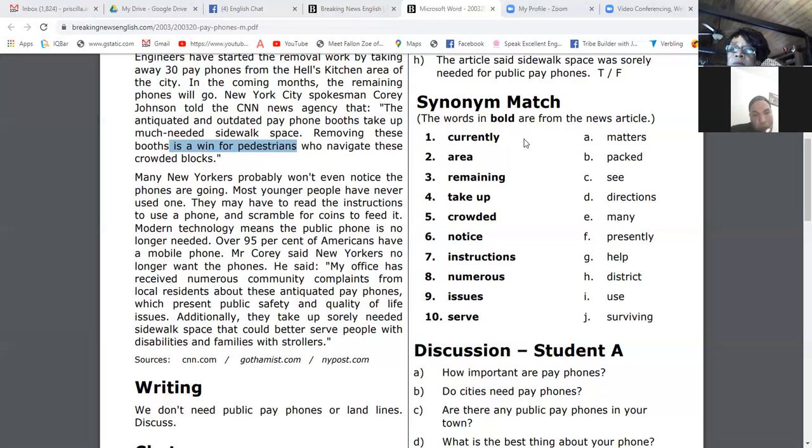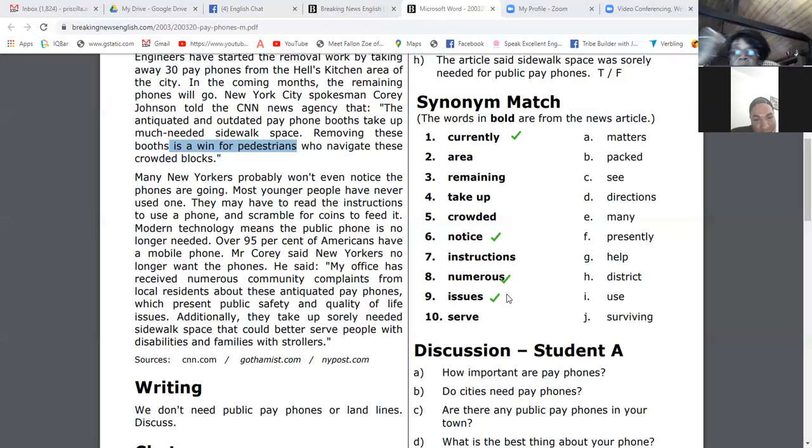Well, sure. Well, it has been noticed currently that there are numerous issues that are caused because of phones.